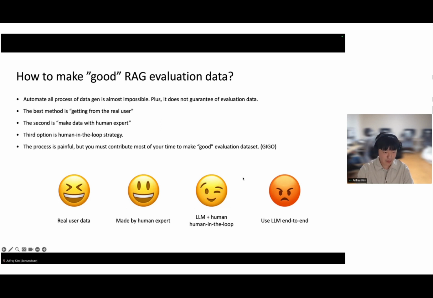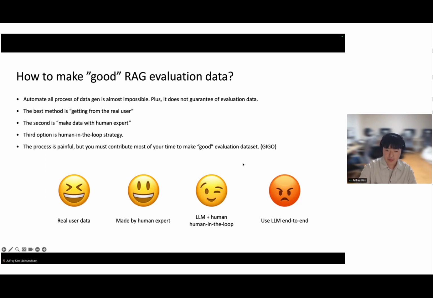And making a good evaluation dataset is the most important thing when you optimize a RAG pipeline. You must devote most of your time to making a good evaluation dataset, because garbage in, garbage out. This is the essential principle of ML, right?